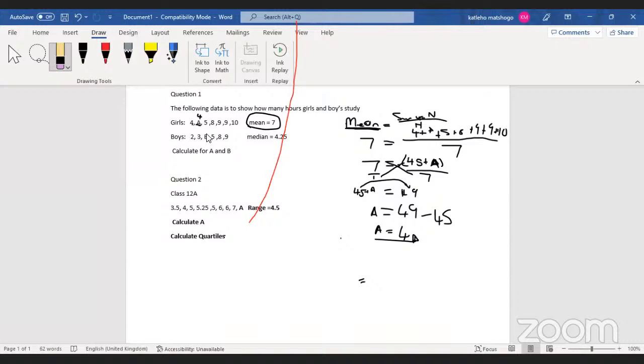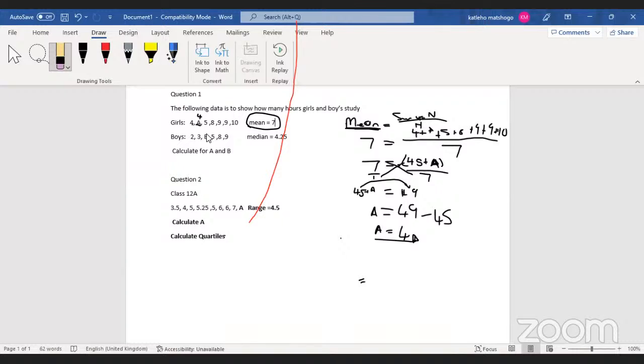Number one. Okay, let's do it together. So now the median is both 5 and B. Why are you going straight to the median?